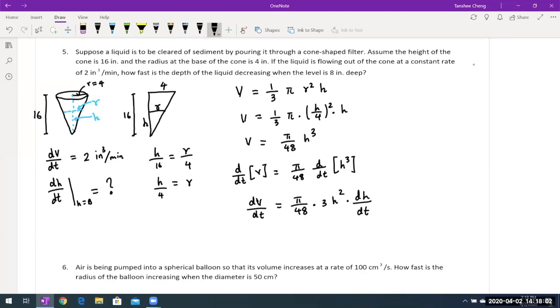So we can get what we are looking for. Solving for dh/dt, I can reduce 3 and 48, which will give me 16. And when I multiply both sides by the reciprocal of this, that will become dh/dt equals 16 over pi h squared times dV/dt.